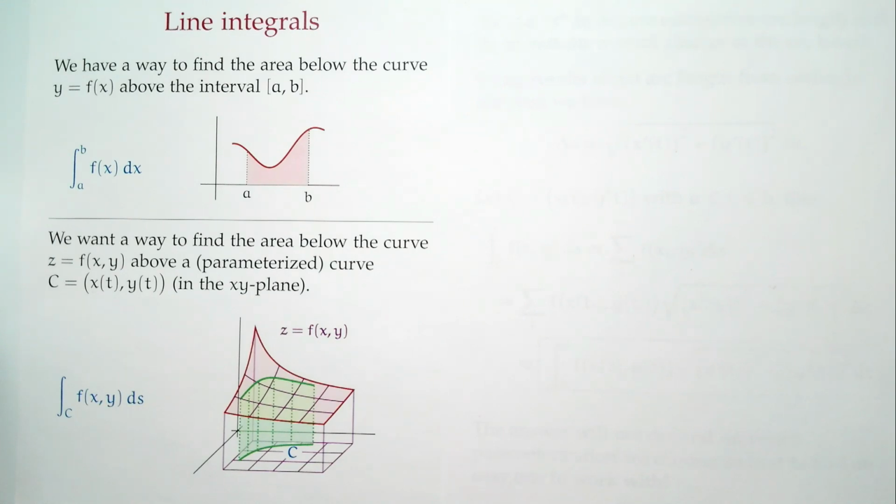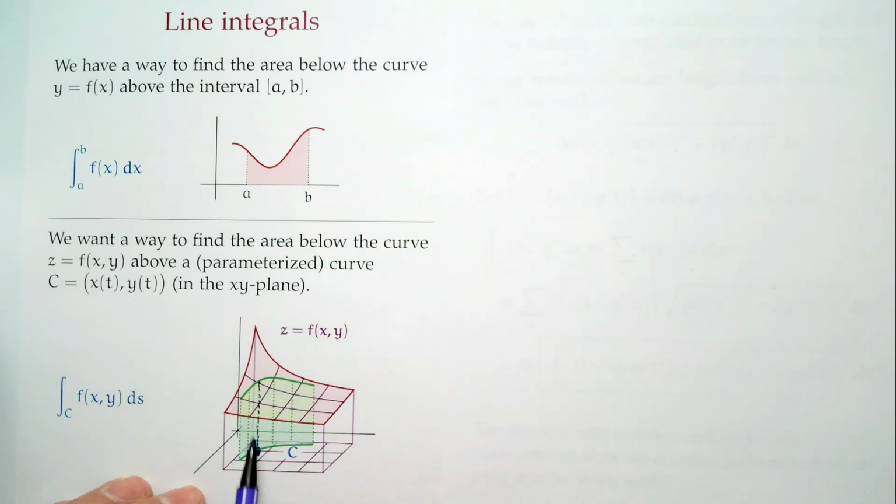Well, the height is going to be some function where for every point on my curve, I'm at a point. So now a location is not simply a single number, it's a coordinate. It's an x comma y. So the height will be determined by some function of x comma y.